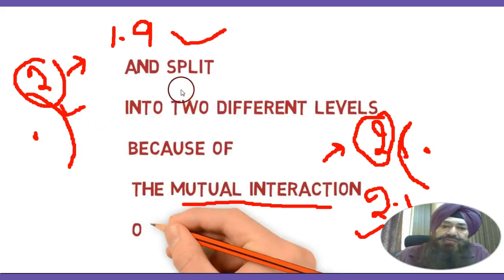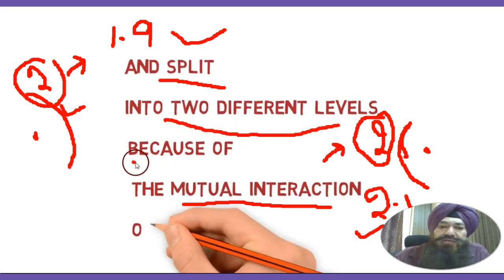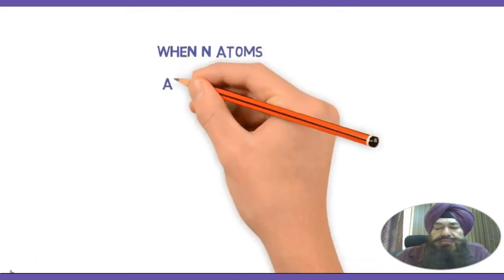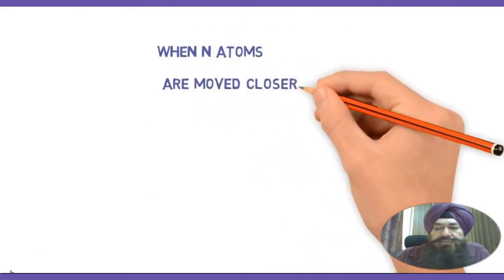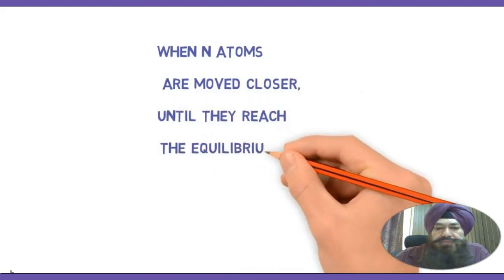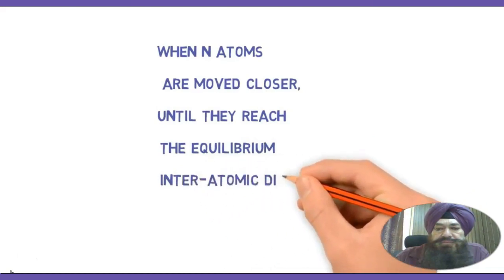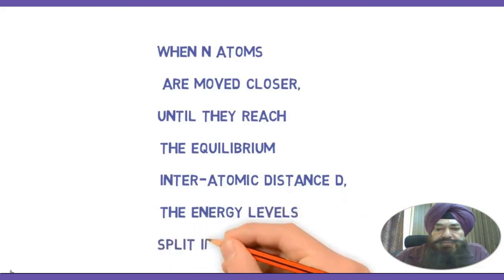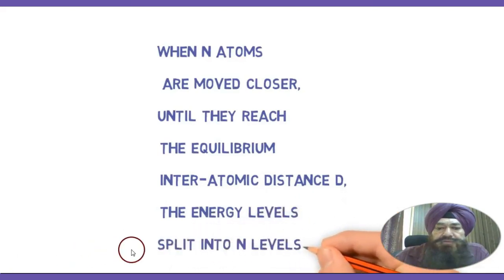So we say it splits into two different energy levels, like 1.9 and 2.1. So the energy level splits.